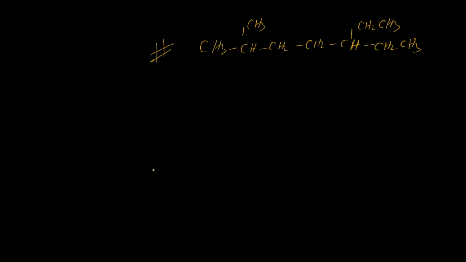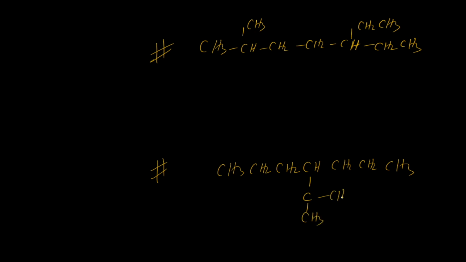Similarly, we have some more, like CH3, CH2, CH2, CH2, numbered 1, 2, 3, 4, 5, 6, 7. We put the molecule over here just like this, with CH3, CH3 and CH3. So I will give the IUPAC names of these molecules.